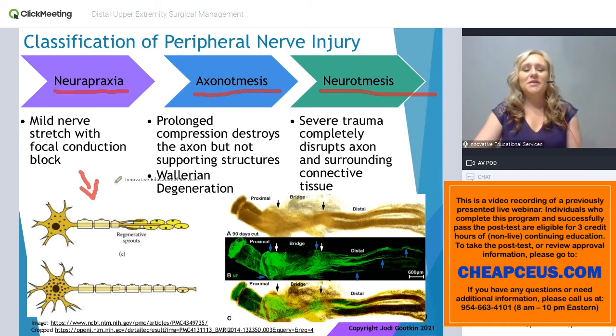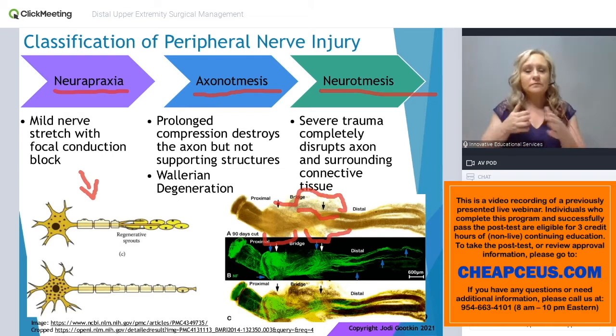If we look on the right-hand side here, this is a scan. It was a sciatic nerve that was purposely transected in an animal study in order to look at the regeneration process. When we look at the top image, we can see here, as that nerve is attempting to regenerate, I'm just loosely drawing the lines that show the pathways that those nerve endings actually took.